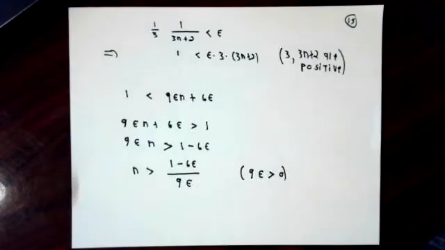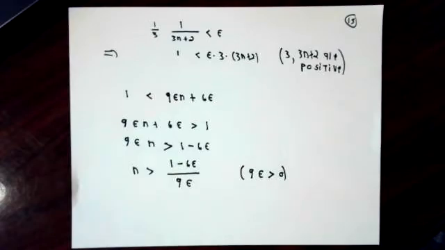In an inequality, you can always multiply both sides by a positive number and not mess the inequality up. So multiply by 3, also multiply by 3n plus 2. Simplify the algebra, and you find out that the desired fact is going to happen if 1 is less than 9 epsilon n plus 6 epsilon. That is to say, 9 epsilon n plus 6 epsilon needs to be bigger than 1.